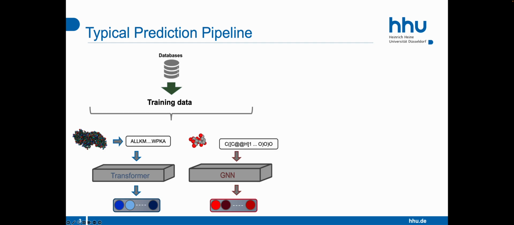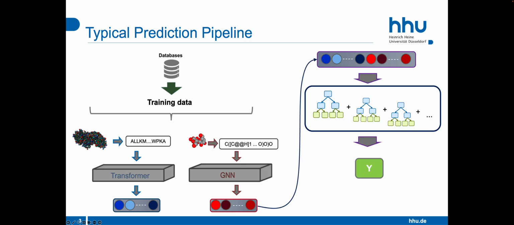Since we want to have a single numerical vector containing both protein and small molecule information that we can use as the input of a machine learning model, one way of achieving this is by simply concatenating both vectors that were generated using two separate deep learning models. This vector can then be used as the input for a machine learning model that is trained to predict the protein-small molecule interaction of interest.